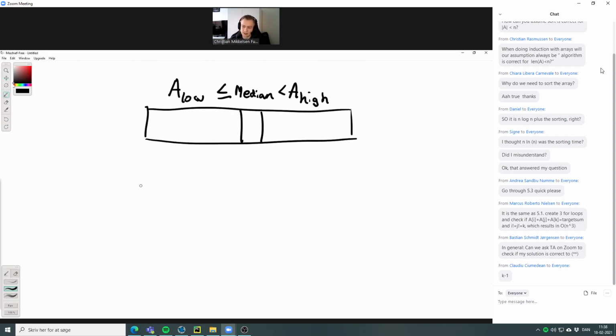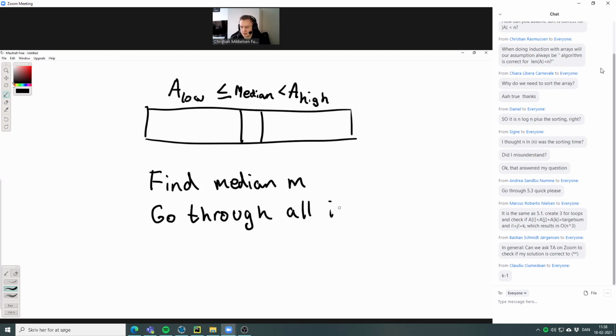Well, we can find the median. So we find the median m. And then we go through all i which is not equal to the median's position, because that's the middle element.